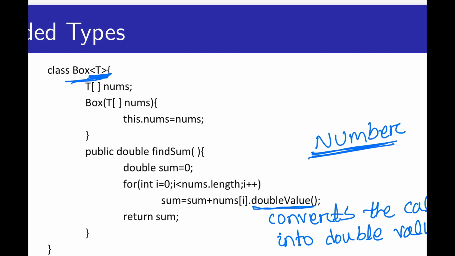So how do we inform the compiler that T is only the Number class or its subclasses?